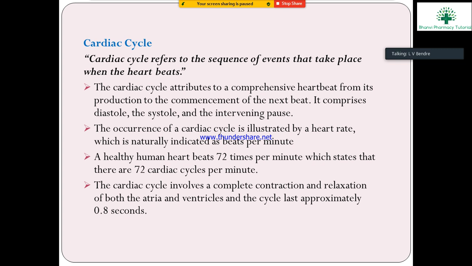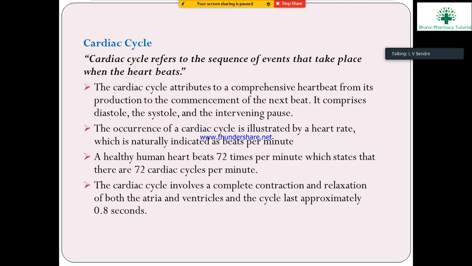A healthy human heart beats 72 times per minute, which means there are 72 cardiac cycles per minute. One beat is one cycle.